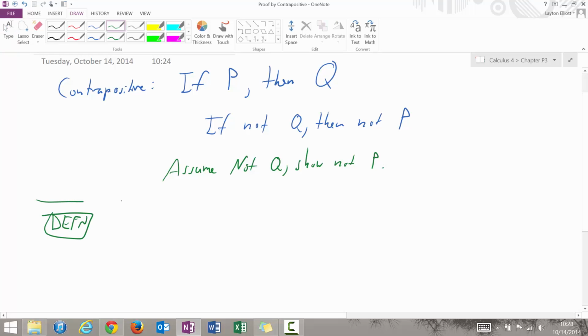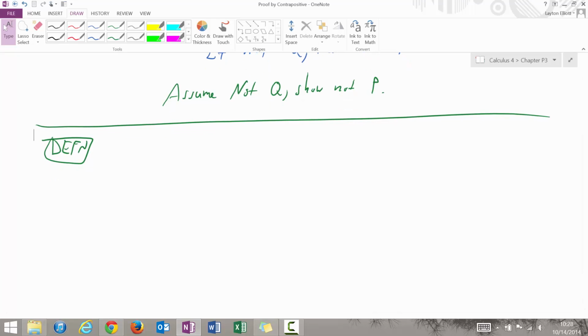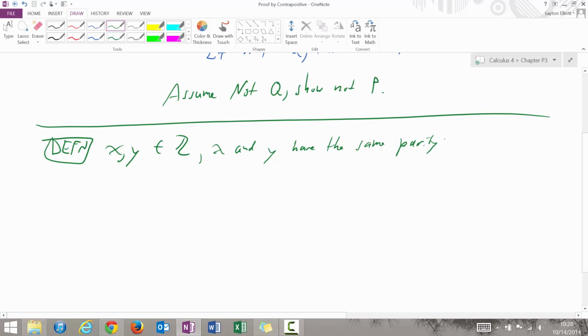So here's an example of a word I have to define in order to do a theorem. I want to talk about the parity. X, Y are elements of the integers, and X and Y have the same parity if they are both even or both odd.